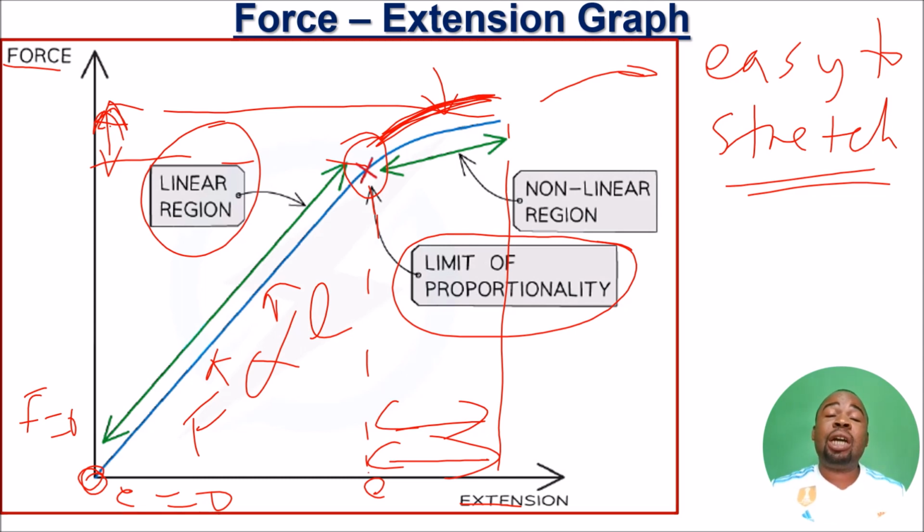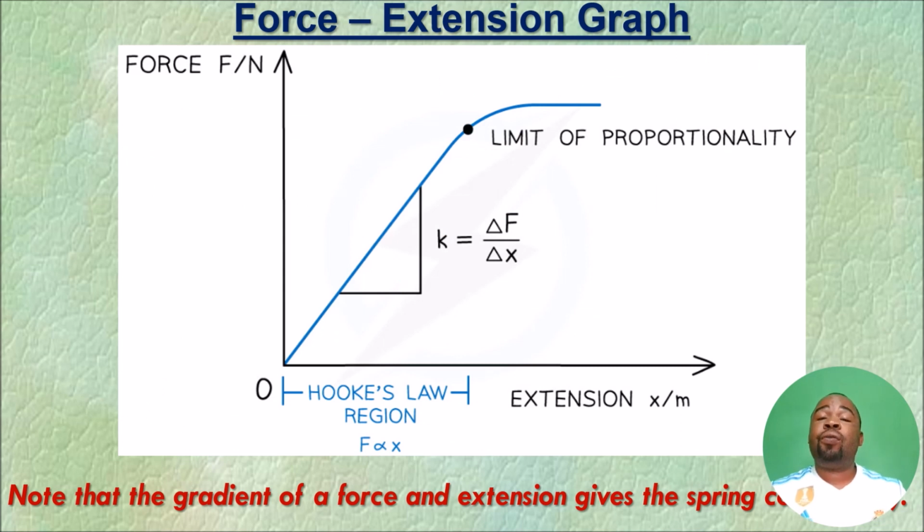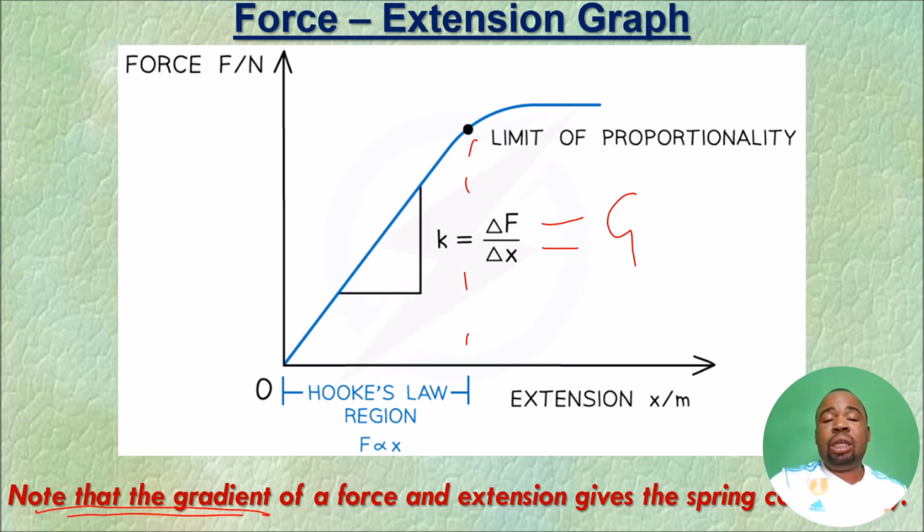Let me talk about the gradient property of a force extension graph. As long as you are within the limit of proportionality, the gradient is always equal to the spring constant.